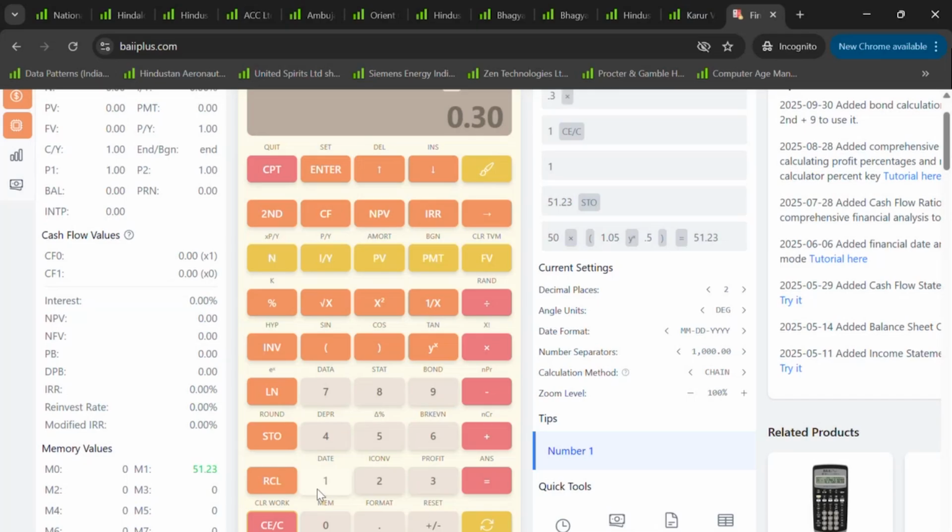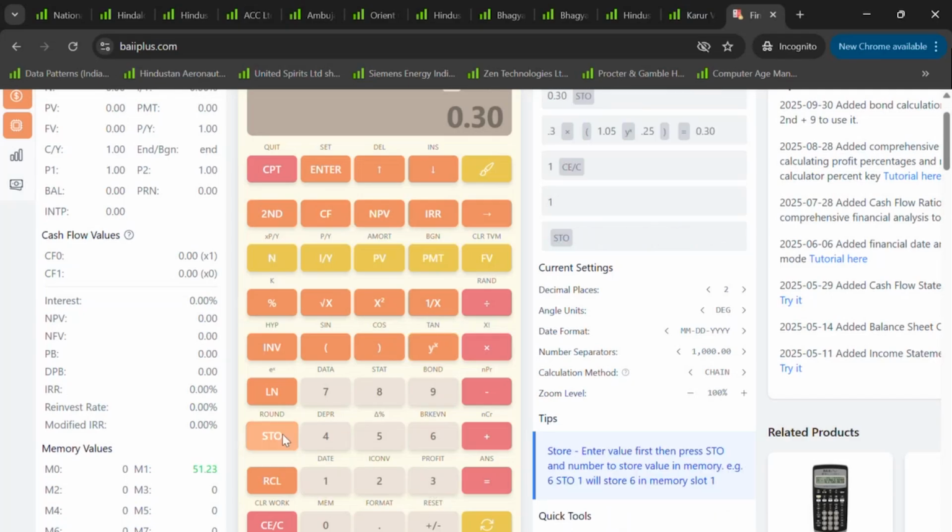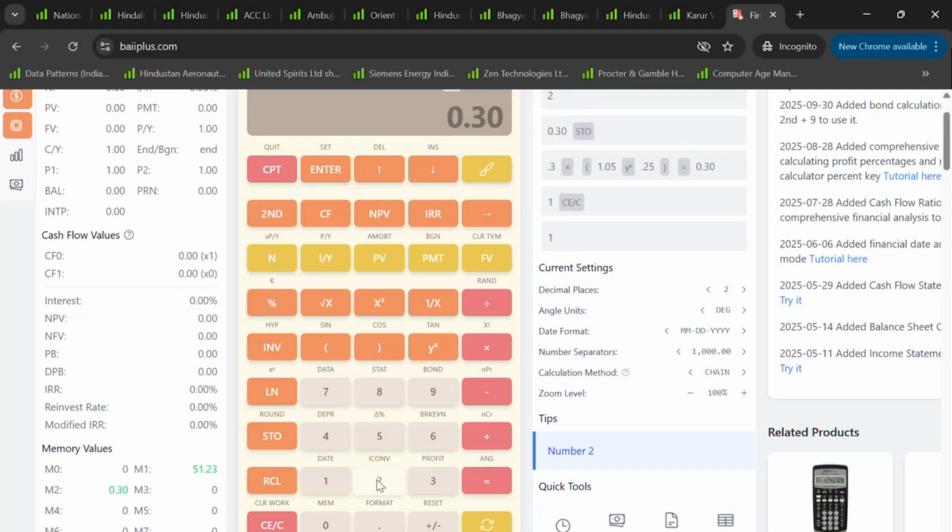Into 1.05, but this is raised to 3 by 12, which is 0.25, correct? That's your second part of the answer. It's something 0.3 something something. So I'll store this number now in my second cell. And obviously the third one is 0.3, but that's not discounted. I'll store it in my third number.